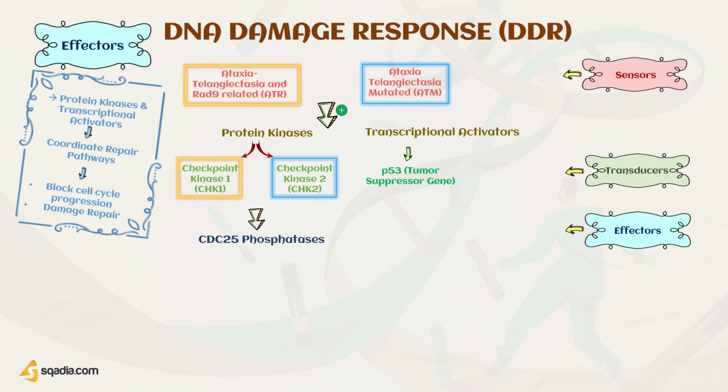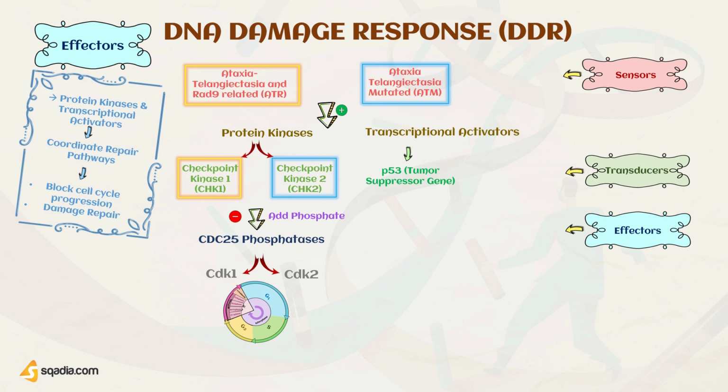Normally, CDC25 phosphatase helps to activate other proteins, called CDK2 and CDK1, which are important for cell division. However, when DNA damage occurs, checkpoint kinases 1 and 2 can add phosphate groups to CDC25 phosphatase, which inhibits its activity.